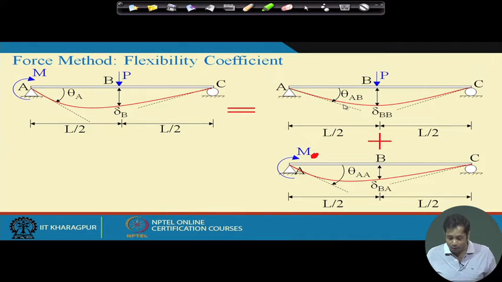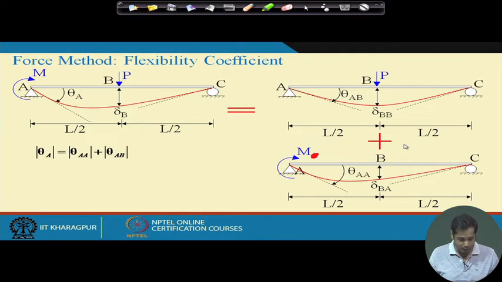Now, just now we have seen the expressions for theta AB, delta BB, and theta AA and delta BA for these two cases. Okay. Then what the principle of superposition says is that if you are measuring displacement or rotation or moment at any point in this beam, that will be this plus this. Okay.